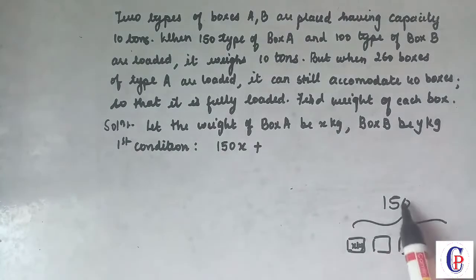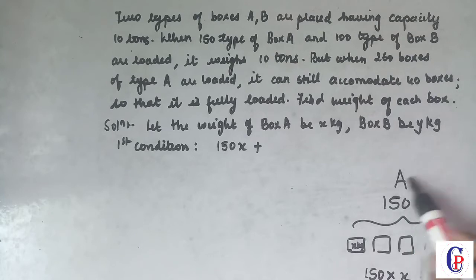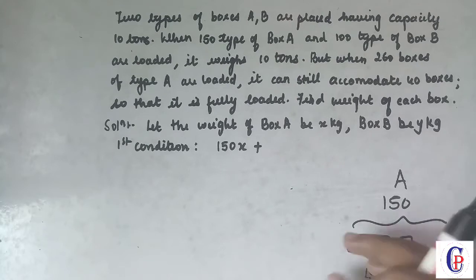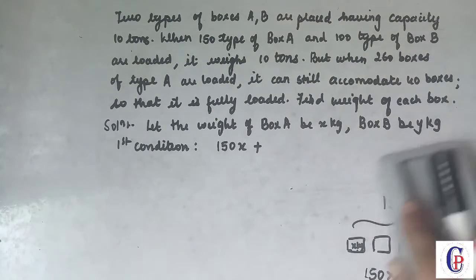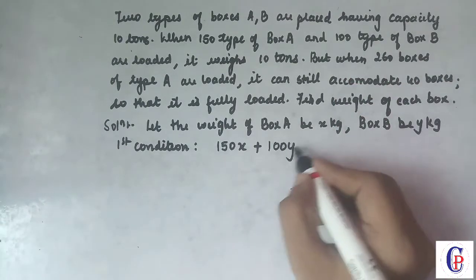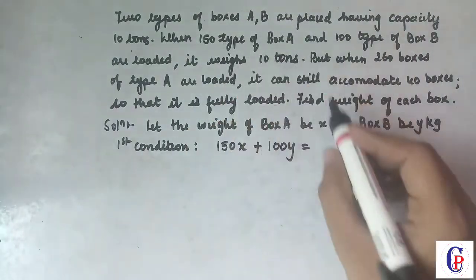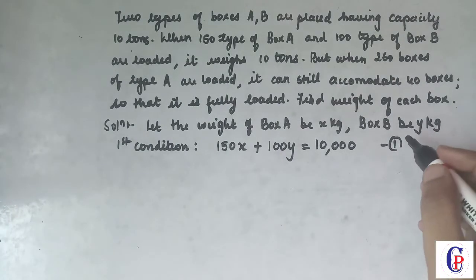So we know that the total weight will be 150 into x. 150 into x will give us the total weight of box A. This is box A, box A, box A, box A. So we have 150 boxes like that. So 150x and 100 boxes of type B, so 100y, and we know that the total will be 10 tons. It is given it weighs 10 tons. 10 tons means 10,000 kg. So this is our first equation.